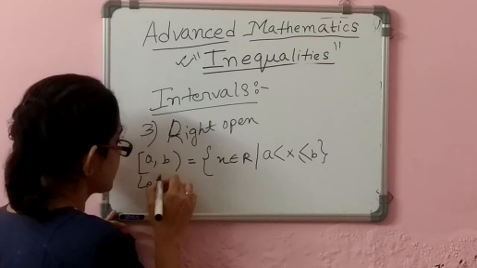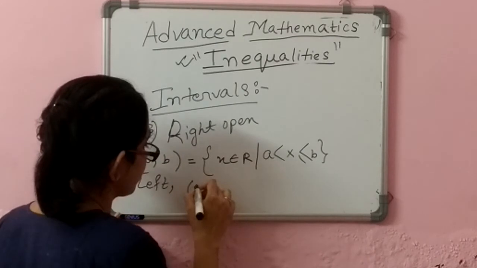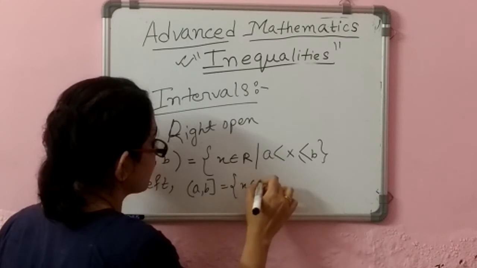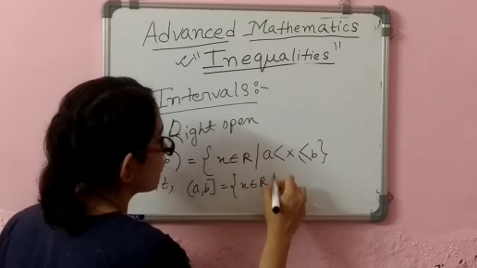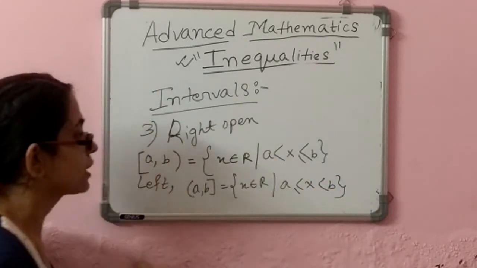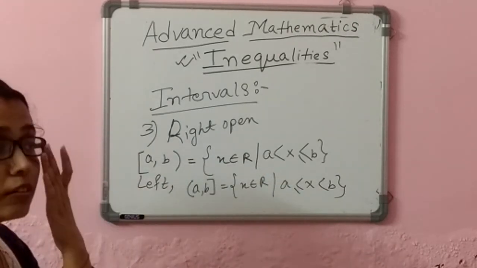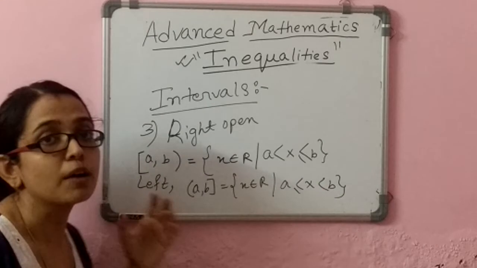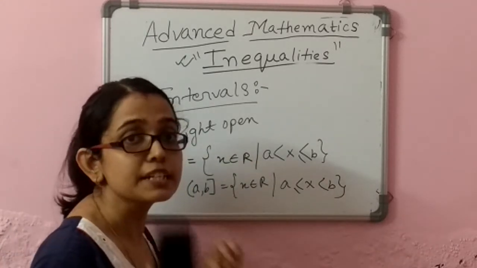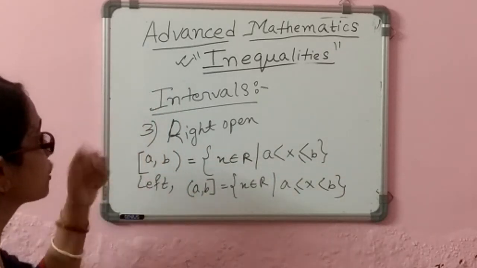And left open is, the left side is open. So these are the four intervals. They will be required to solve, at the end of my discussion, how to find the solution of simultaneous inequality equations. In that type of equation, we will require this concept of interval.